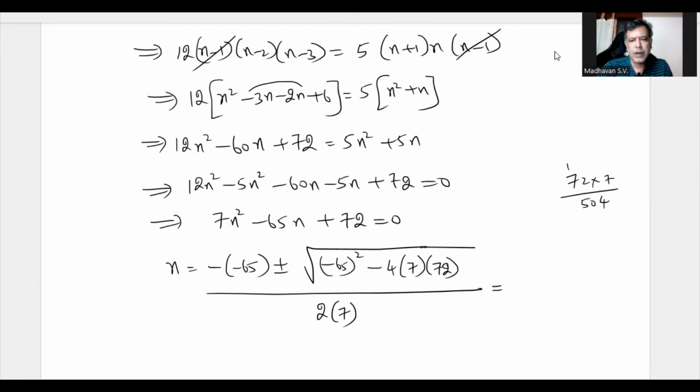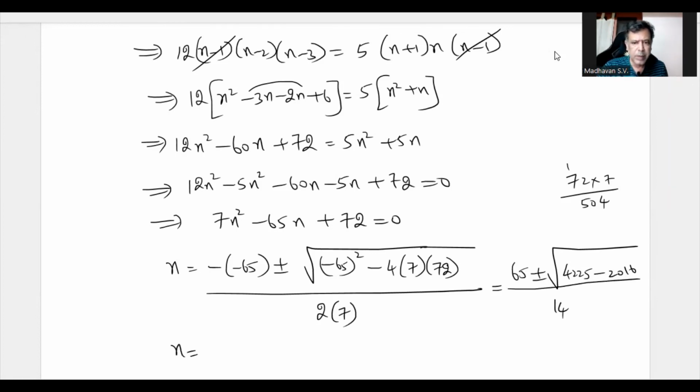So if we solve that, we will get 65 plus or minus square root of, let's see what this is, negative 65 square. We get 4225 minus 4 into 7 into 72. We get 2016, divided by 14.